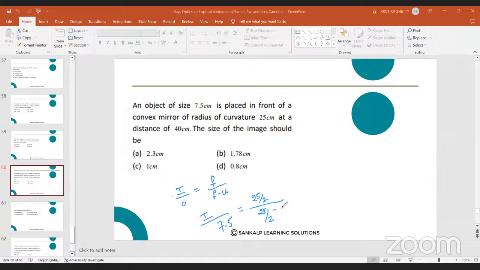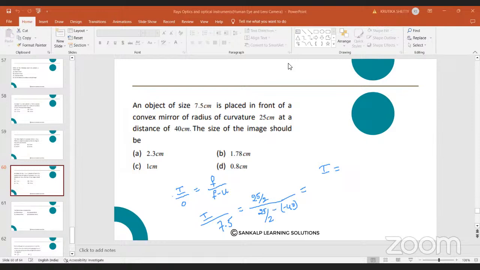The u value is 40 centimeter, so it is minus 40 centimeter. We need to simplify this equation for the image height. So here everybody is getting the answer, that is option B, 1.78 centimeter.